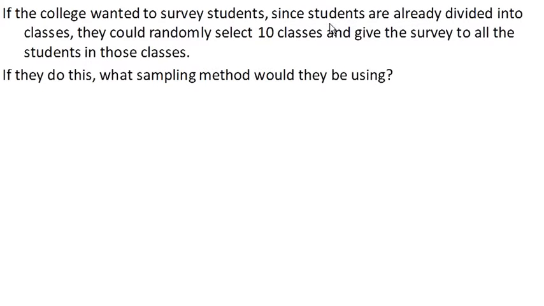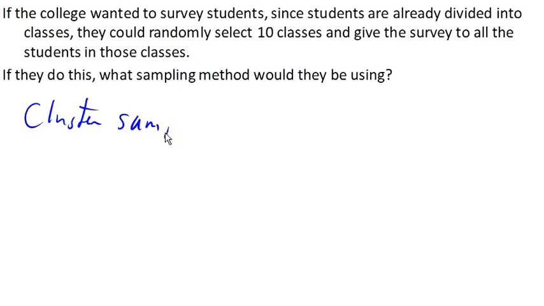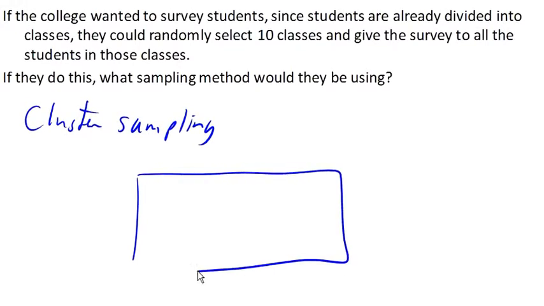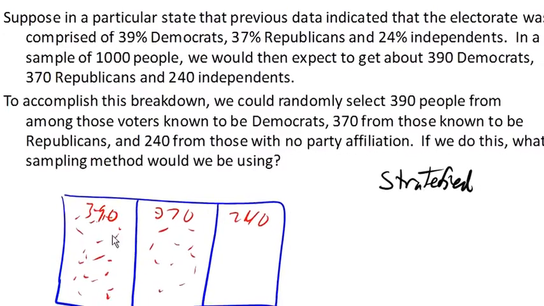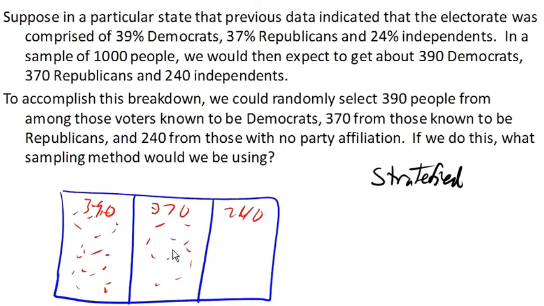Now, suppose a college wanted to survey students, and since students are already divided up into classes, they just randomly select 10 classes and give the survey to all the students in each of those 10 classes. This is a sampling method called cluster sampling. This is different than the stratified sampling we saw earlier, because in stratified sampling, we divided the population up into 3 groups and then randomly selected from inside each group.